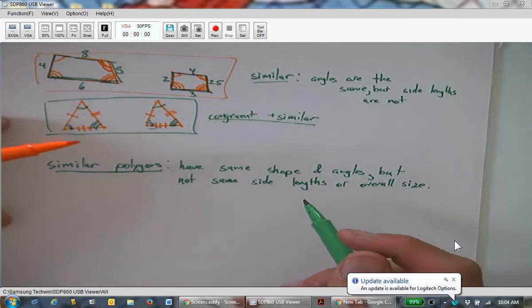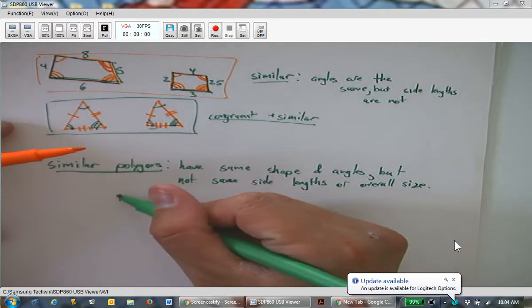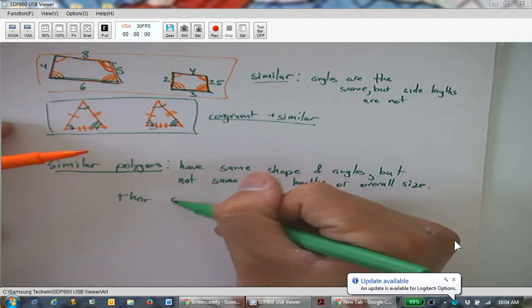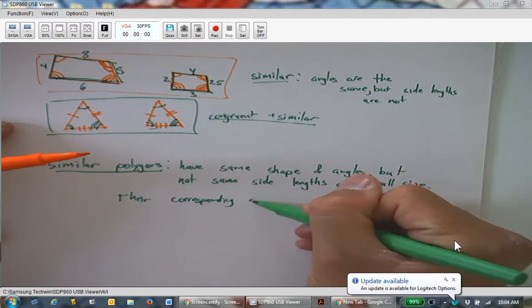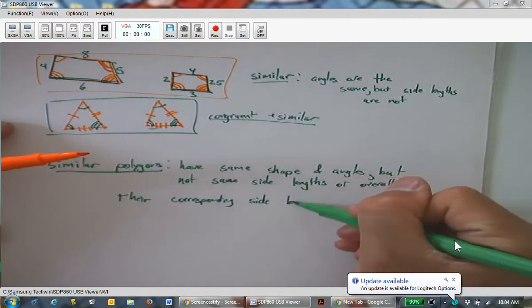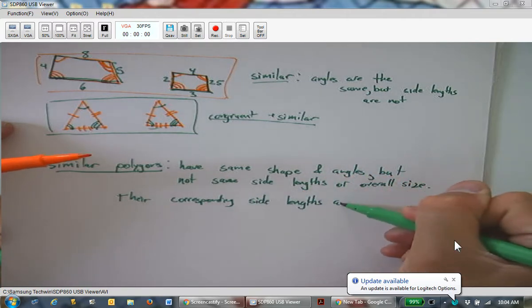And we also say that their corresponding side lengths are proportional.